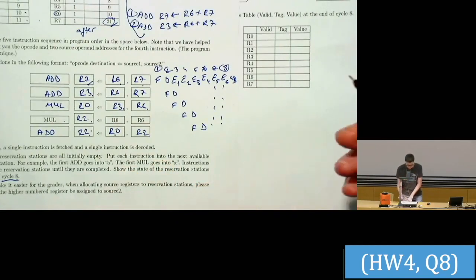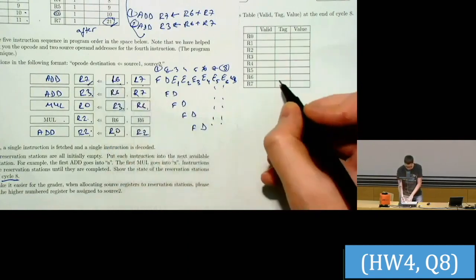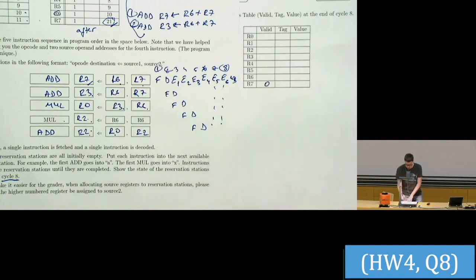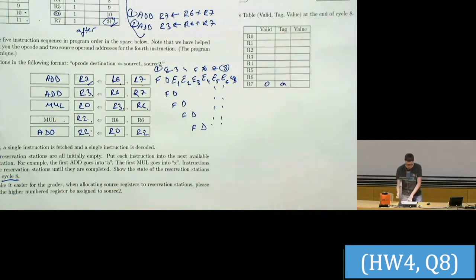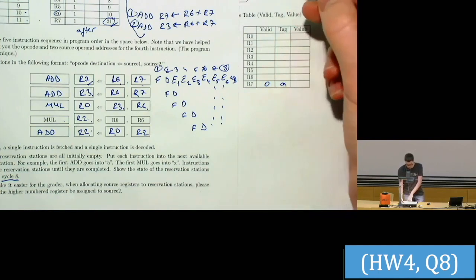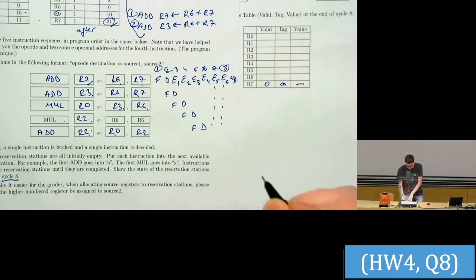So this is easier to fill. So basically for R7, we are updating R7 here, right? We will have valid set to 0, and the result will come from A, right? Because this is the reservation station entry we allocated for the first instruction, and we don't have the value.